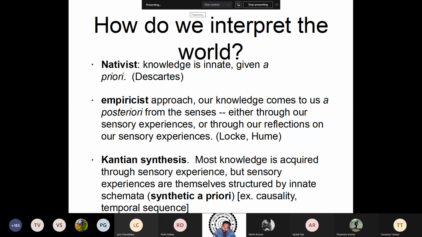Who taught them that if a ball hits another ball, the ball has to move? Or that the movement of the ball is later in time compared to the throwing of the ball? Those are the kinds of examples Kant uses, and says these are things that are innately there in our system. And we are able to experience the world because we have this innate schemata, which he calls synthetic a priori.